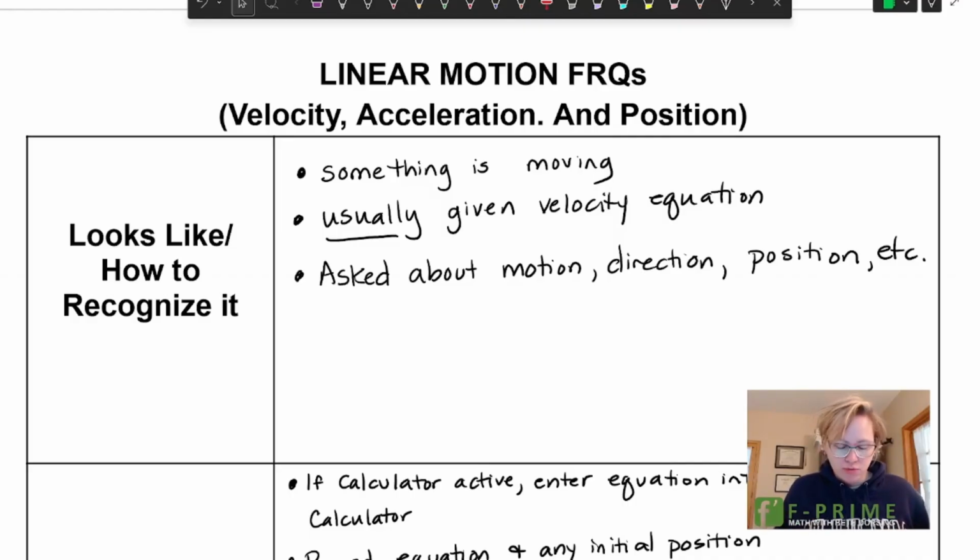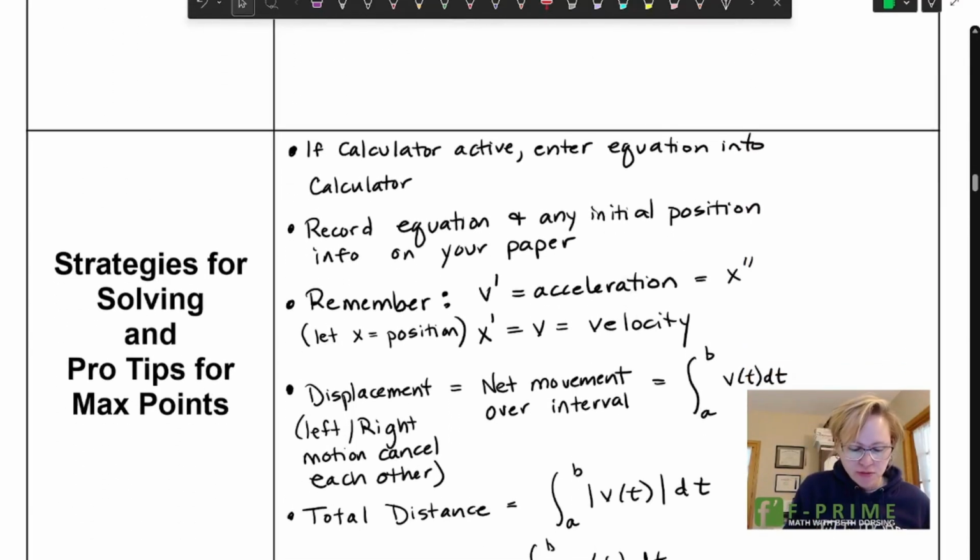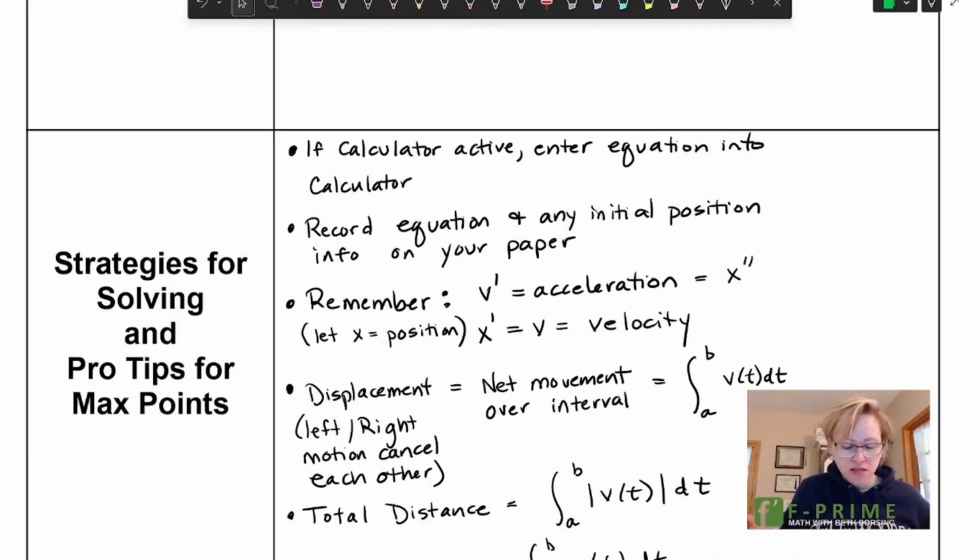So how do we approach it? Well, my first step: if it's a calculator active question, make sure that you type the equation in its entirety into the calculator. Whether you're using a TI-84 and you go to Y1, take your time, type it in decimals.